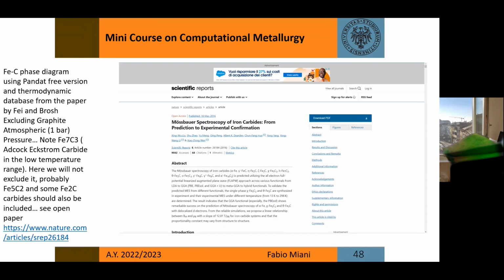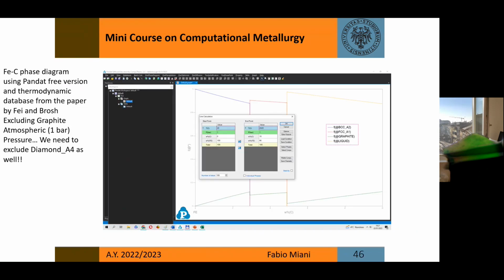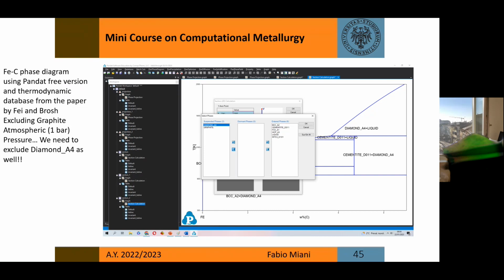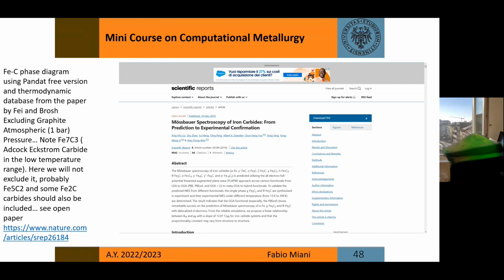Well, there are more complex iron carbides than Fe3C, which is cementite. You can have several iron carbides. I recommend having a look at this open paper, which is some 7 years old, but I think it is the best one for considering some iron carbides and their possible detection by using Mössbauer spectroscopy, which is a quite specialized analytical technique.